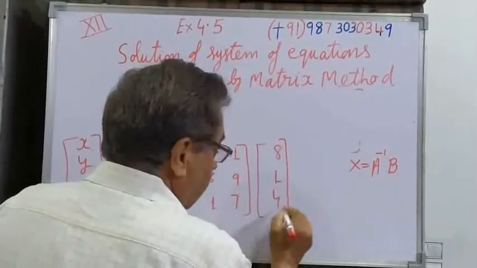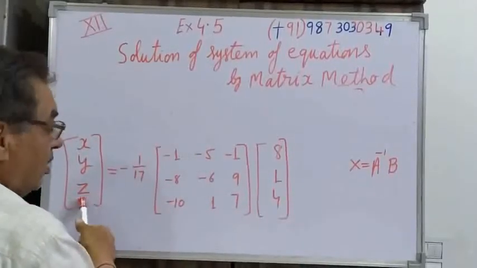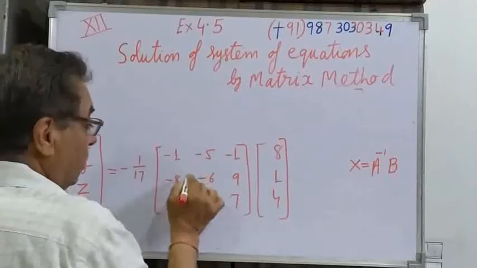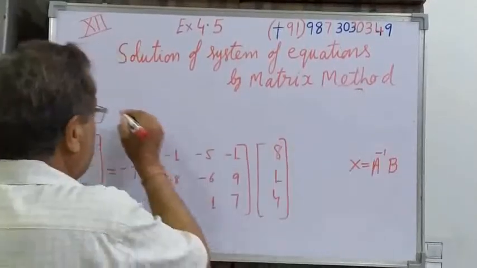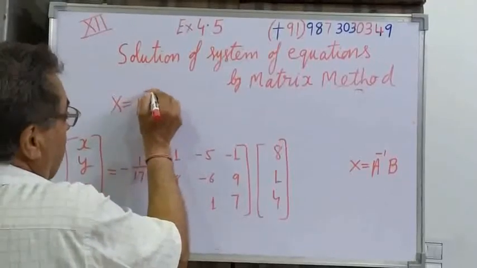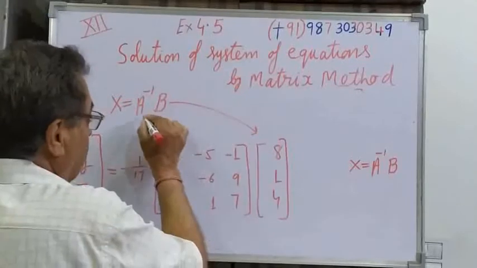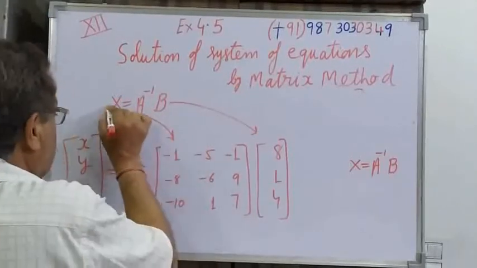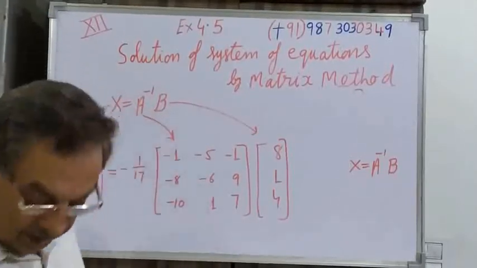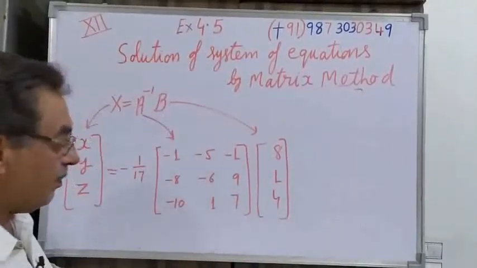So this is the matrix B. Now we have put up the values. X is equal to A inverse B. This is our B, this is our A inverse and this is our X. Okay, now let us multiply and find the values of x, y, z.